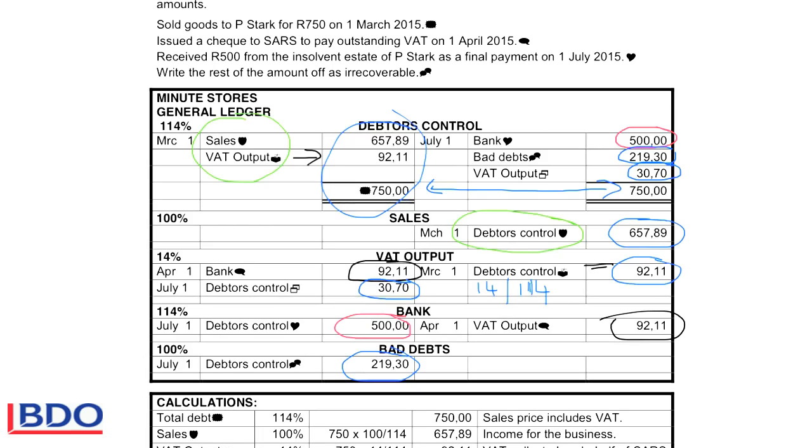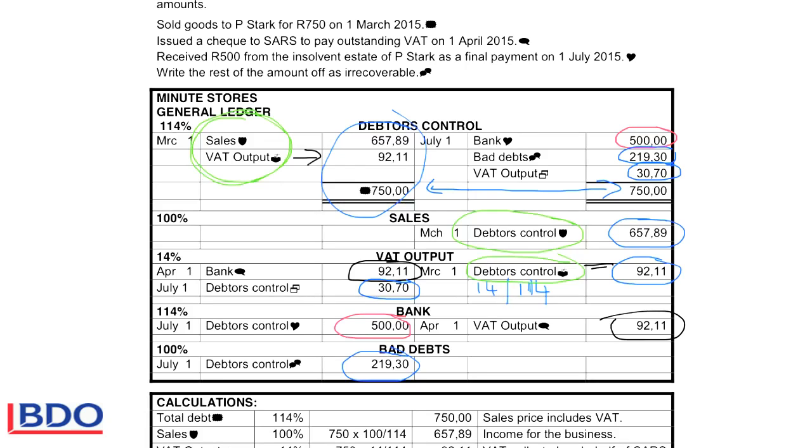And what portion of this total amount is VAT, and we will credit VAT output with that portion. That means that we owe 92 Rand and 11 cents that we collected on behalf of SARS. If we receive money, we will credit debtors control and debit the bank.